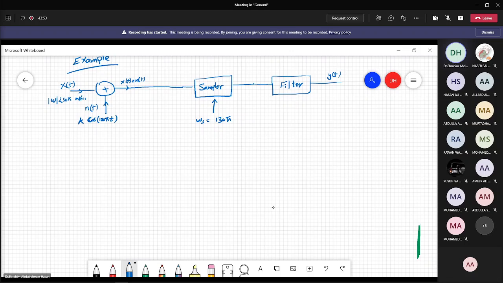Okay, working with frequency domain. So x of t, let me say that omega is less than 50 pi. So then the original one, let me say that we have it from here to here.